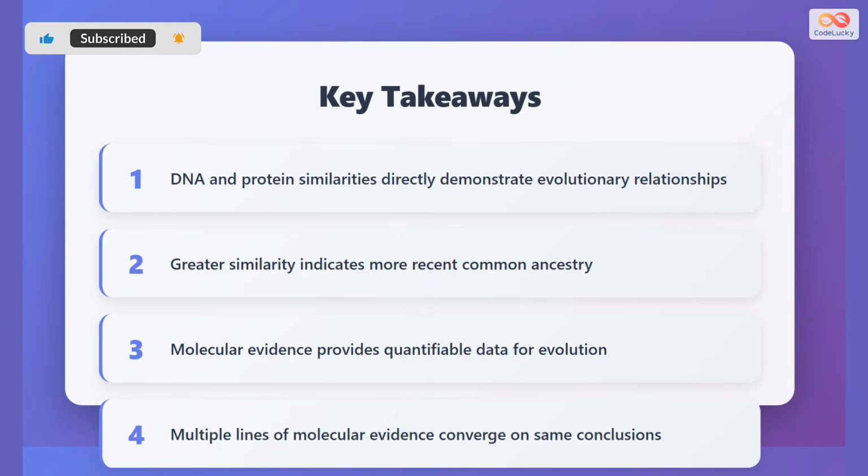Finally, multiple independent lines of molecular evidence, including DNA sequences, protein sequences, pseudogenes, and molecular clocks, all converge on the same evolutionary conclusions. This convergence of evidence from different molecular sources provides overwhelming support for the theory of evolution and our understanding of life's interconnected history.